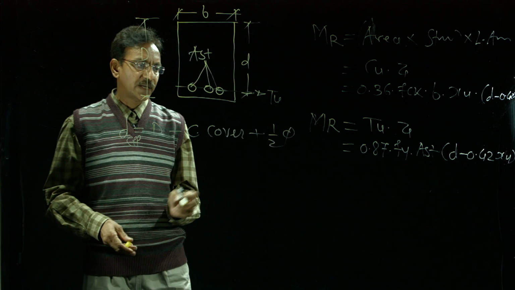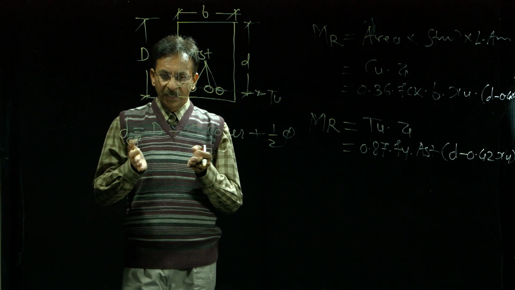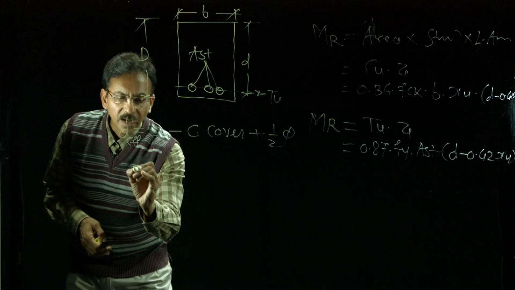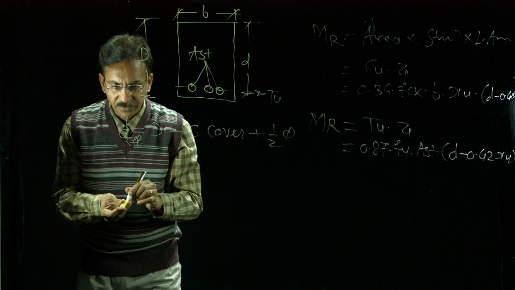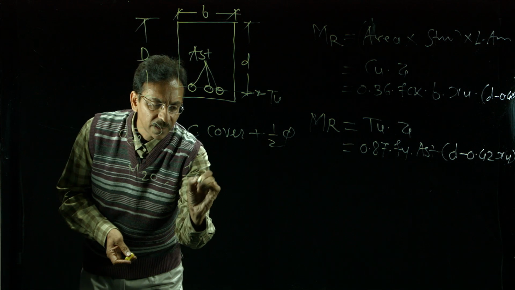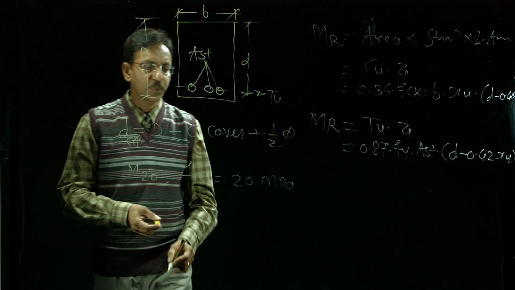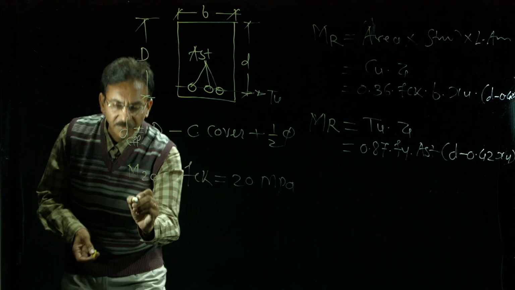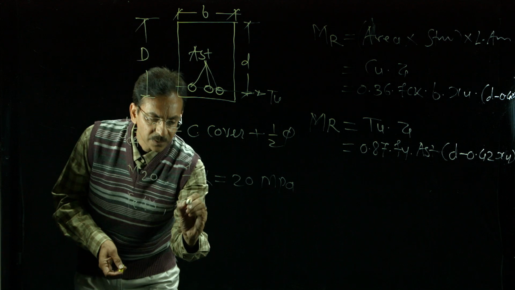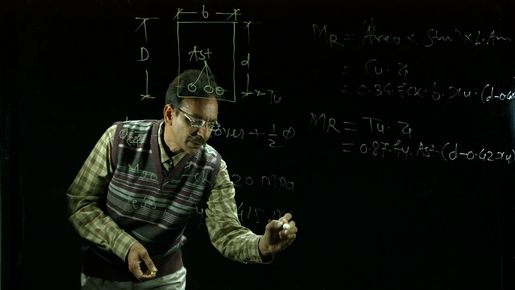In case of design, you know the various stresses of concrete and steel. So, if it is M20, their FCK equals 20 megapascal, that is Newton per millimeter square, and for Fe 415 grade of steel, the stress of steel equals 415 megapascal.